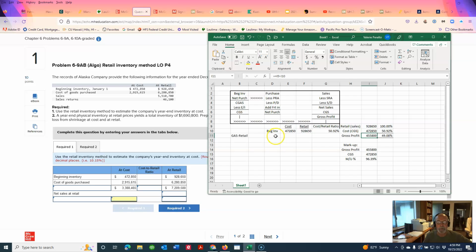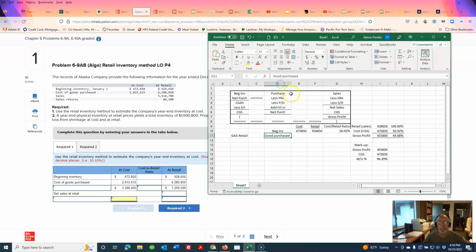So let me go back here and continue this part of the equation. Our cost of goods purchased. So this is our goods purchased at cost is 2,915,615, and at retail.